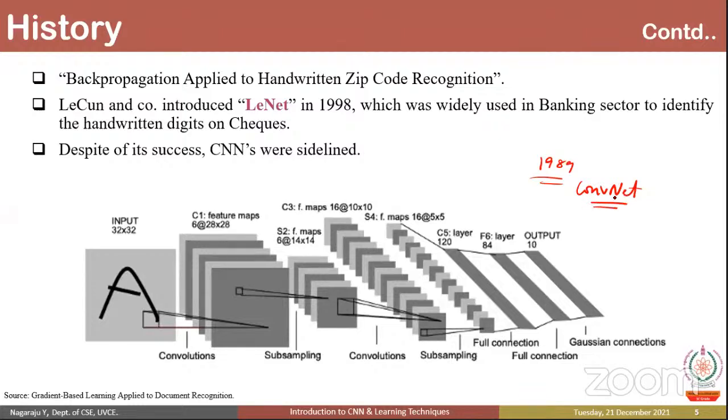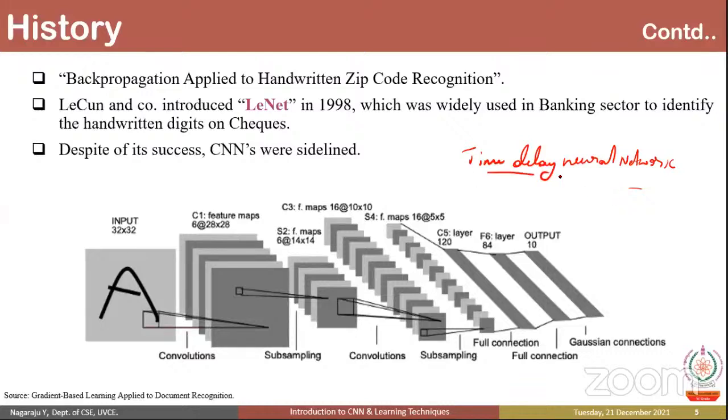After this, we have one more model, called the time delay neural network, where they used the technique called gradient descent.